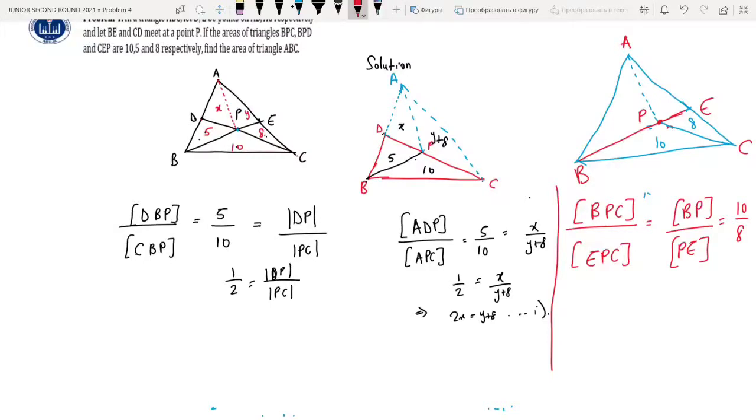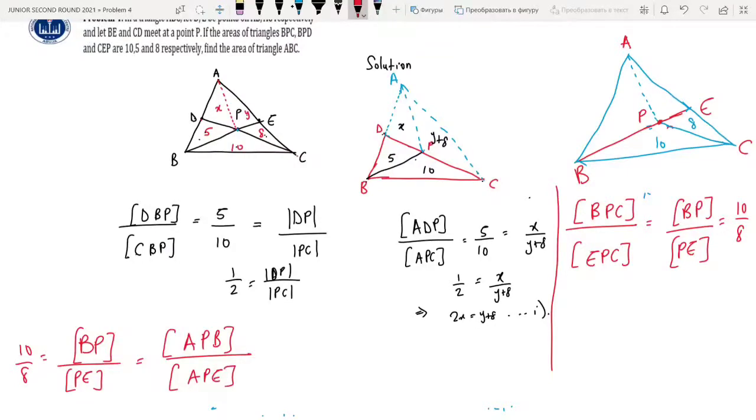Applying that same logic, BP over PE, which is the same 10 over 8, is equal to the area of triangle APB over the area of triangle APE. The area of triangle APB is x plus 5, because I didn't add the segment PD as it wasn't necessary at this point.